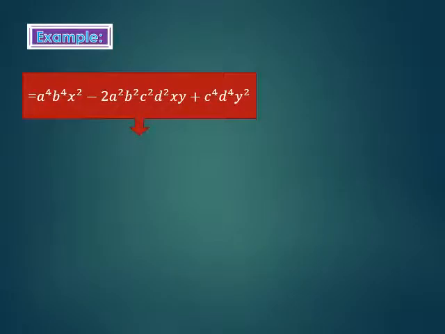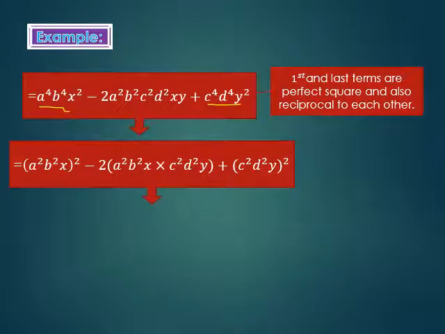Another example. The given expression is a4 b4 x square minus 2 into a square b square c square d square xy plus c4 d4 y square. The first term is a4 b4 x square. It is the perfect square of a square b square x whole square. And the last term is c4 d4 y square.